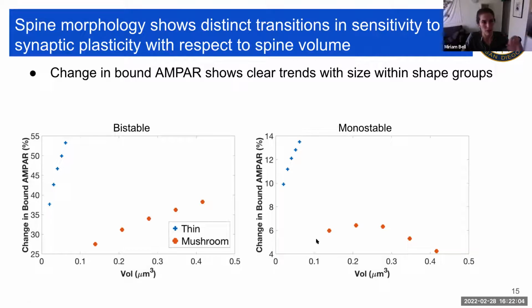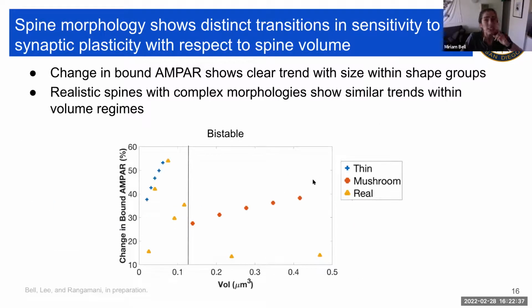And if you compare between the models, you see this similar reset between spine shape and size, but for the monostable model, for the mushroom spines, you actually get this non-monotonic trend. However, it's important to note that the percent change, the actual value for the monostable model, is much lower than the change for the bistable model. So these findings support the idea of smaller thin spines being more biochemically dynamic compared to these larger mushroom spines.